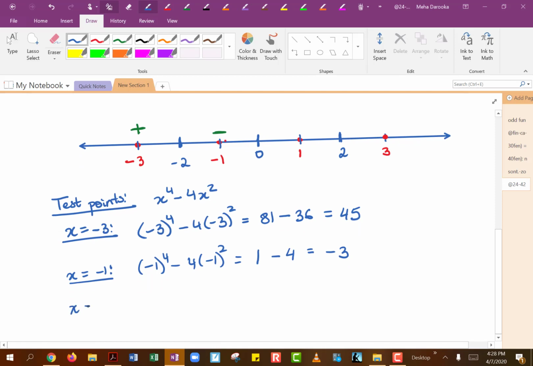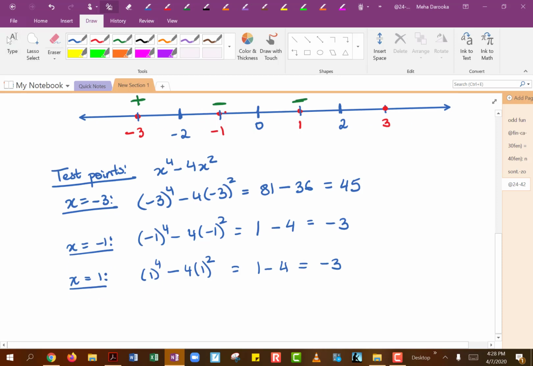Okay. Now our test point for +1. Replace your x with +1 and you actually get the same answer, 1 minus 4, which will be -3. So all y values in that interval are also negative.